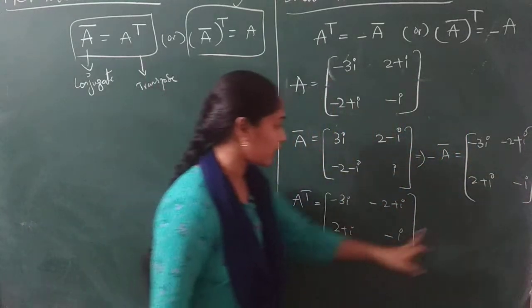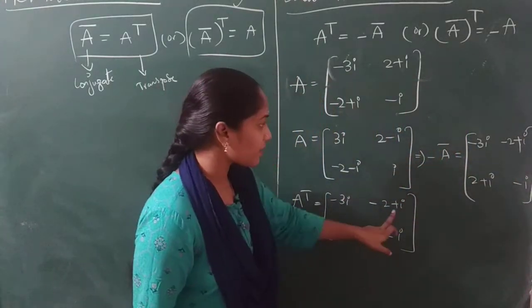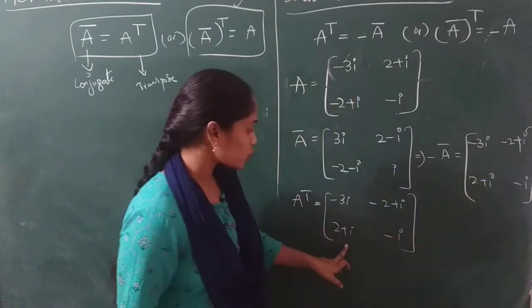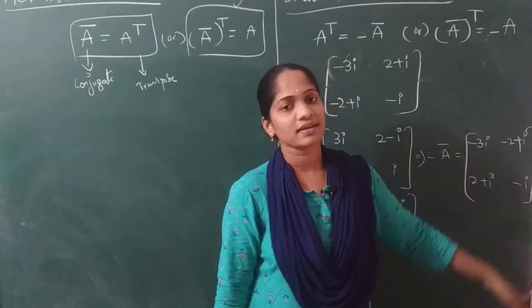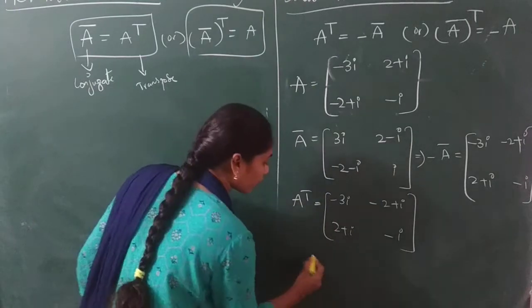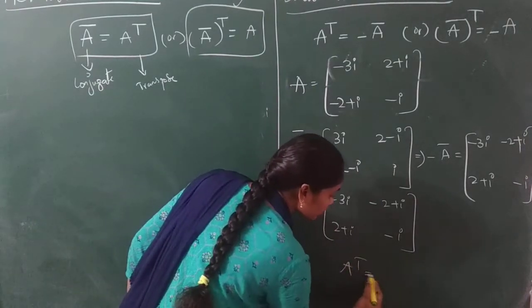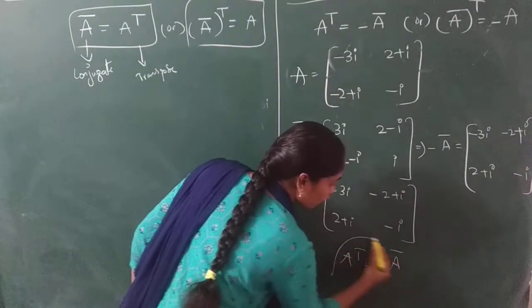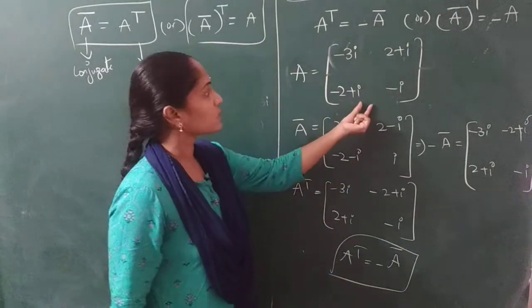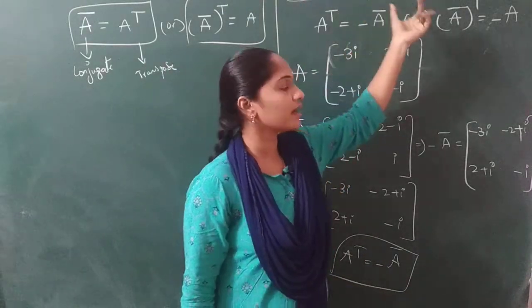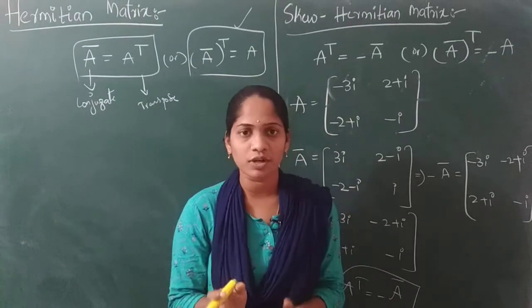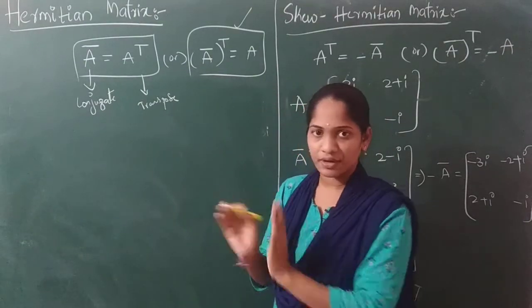Let's see whether these both are equal or not. Minus 3i, minus 2 plus i, right? So 2 plus i, minus i; 2 plus i, minus i. If these both are equal, that is, if A transpose is equal to minus A conjugate, then that matrix A is known as the Skew-Hermitian matrix. So you have to remember this. What is the difference? I am telling the difference.